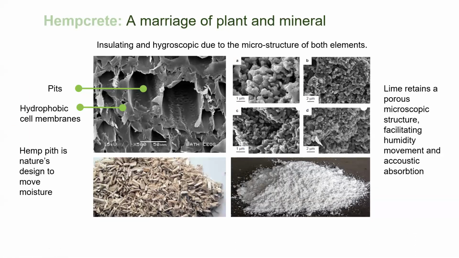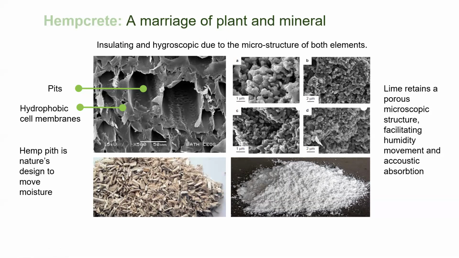So if you look at both the hurd and the lime, the main ingredients, under microscopic examination, you can see where the pits of the plant, or the pits inside the cellular structure, are like wicking agents to wick moisture through the wall, but are also very insulating.